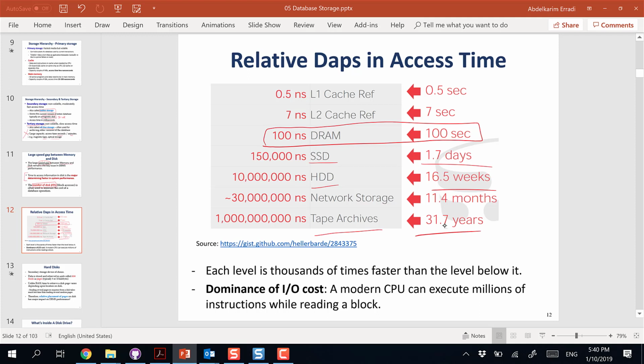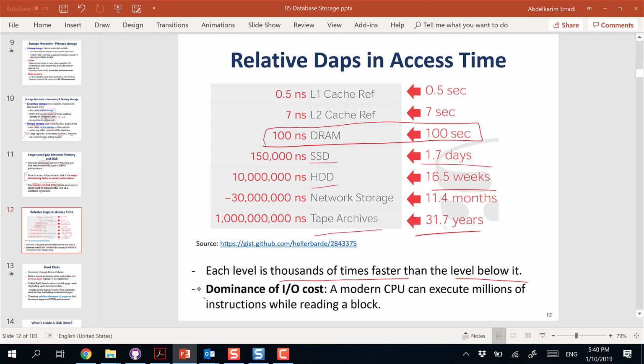This is just to highlight that between two layers of storage, the difference is thousands of magnitude. The difference is very, very significant. That's what this diagram is trying to tell us. Each level is thousands of times faster than the level below it.